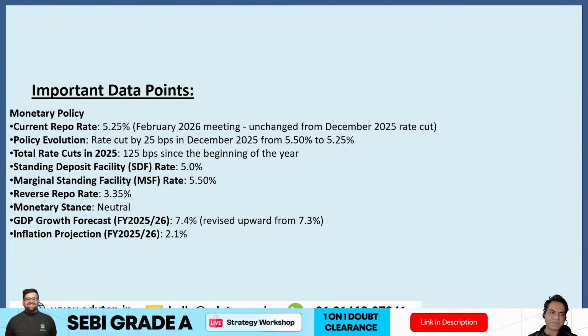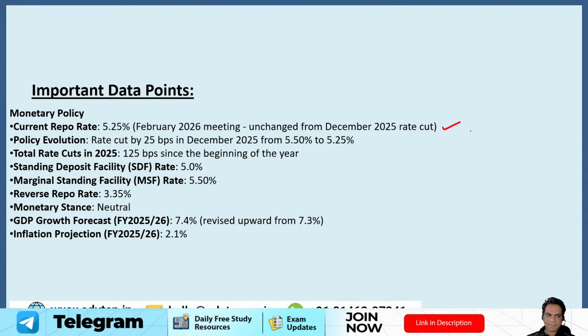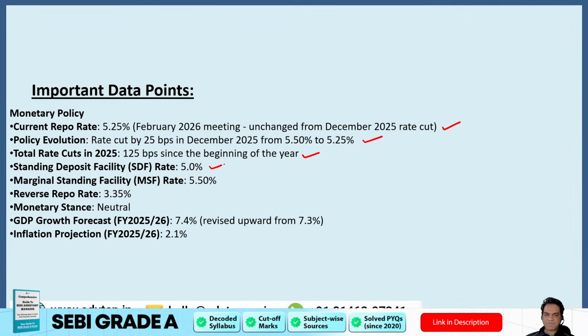Now about monetary policy, current repo rate is 5.25%, February 2026 meeting, unchanged from December 2025 rate cut. Policy evolution, rate cut by 25 basis points in December 25 from 5.50 to 5.25%. Total rate cuts in 2025, 125 basis points since the beginning of the year. Standing deposit facility SDF rate is 5%.